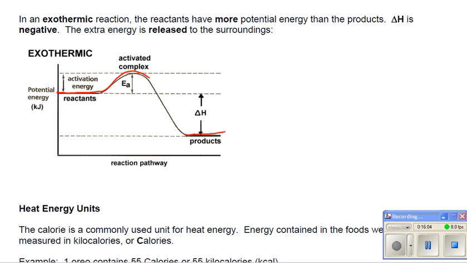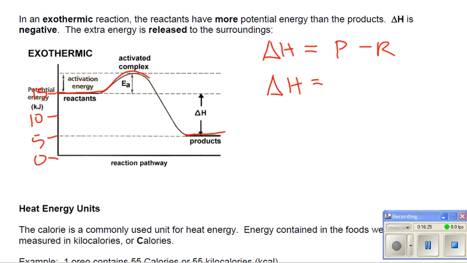So again, if I add that scale that I had on the first one, so 0, 5, 10, and 15, and I'm measuring the delta H, or enthalpy, which is products minus reactants. This time the products are 5 kilojoules, and the reactants are 15 kilojoules.